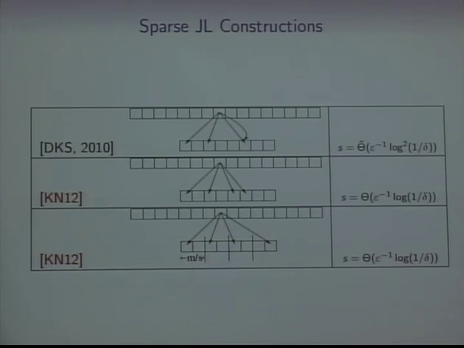And then you're going to hash each coordinate to one location in each block and add it with a random sign pre-multiplied. And we show that that gives the same bound as well. And in fact, this is easier to implement because you can do this with standard hash functions, whereas without replacement, it gets a little more cumbersome.